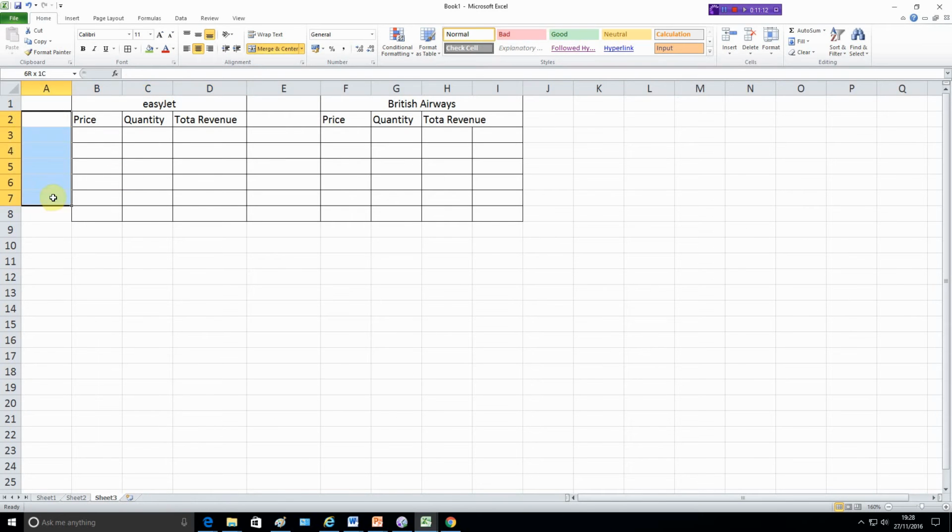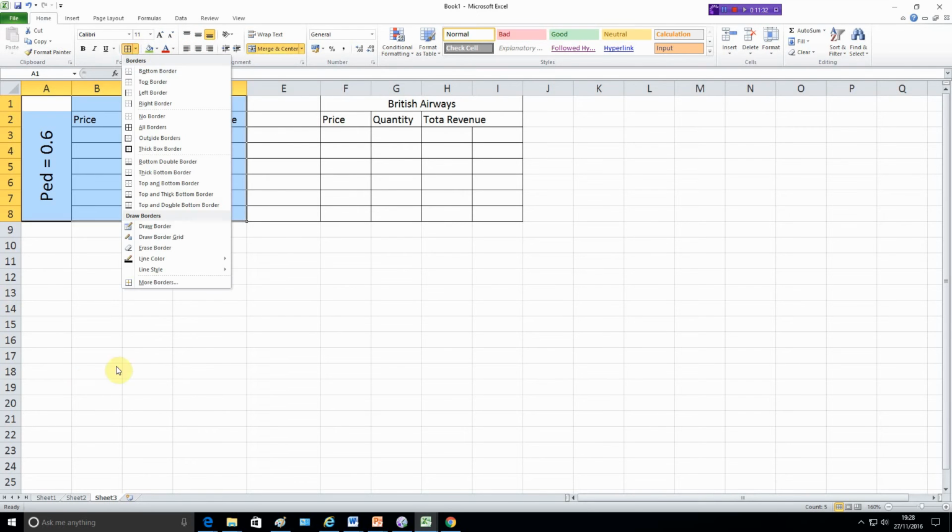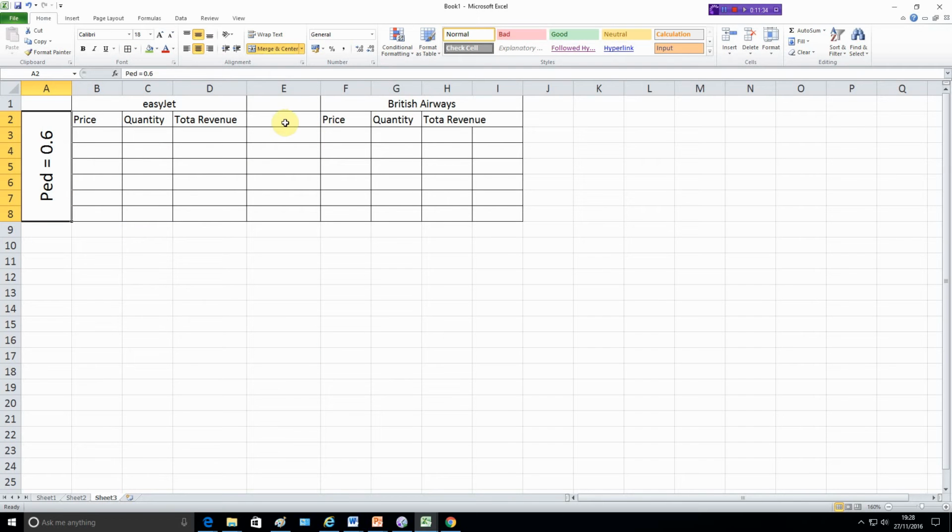For EasyJet, PED equals 0.6. Let's merge that as well.